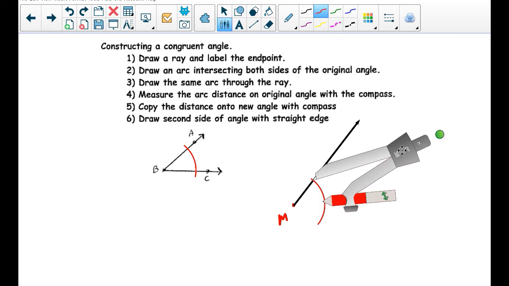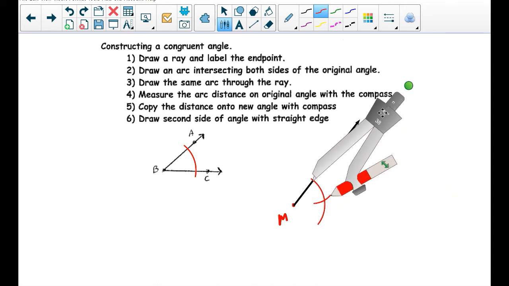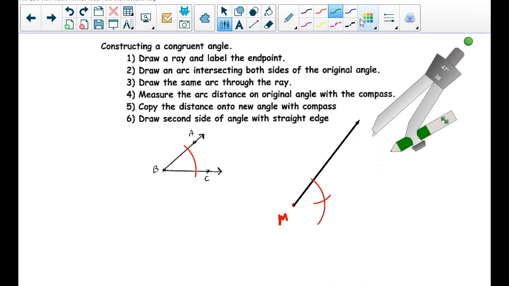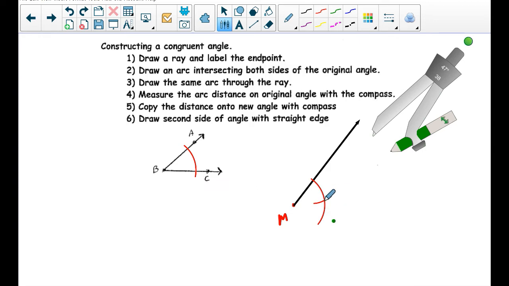So on the one intersection point, I'm using it as my point, and then I'm going to draw the arc of the second one, and this should be my new point. And again, I can draw my ray through that point to duplicate my angle. So angle M and angle B are the same, both congruent.